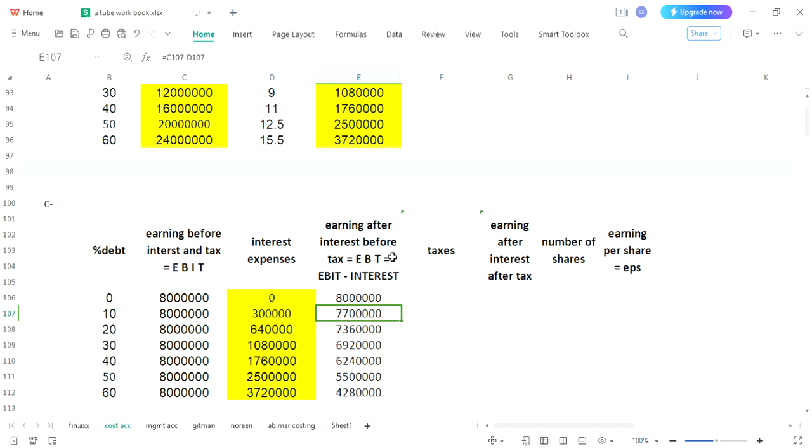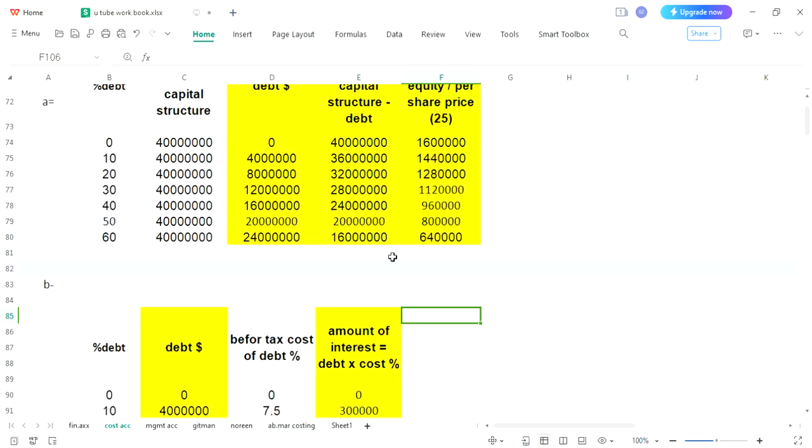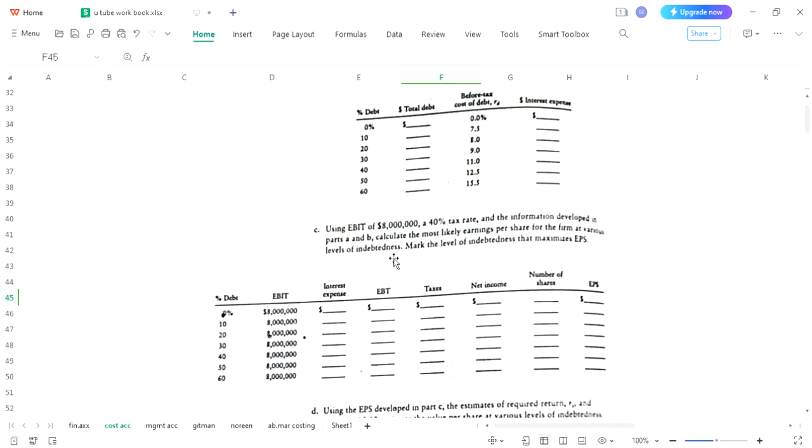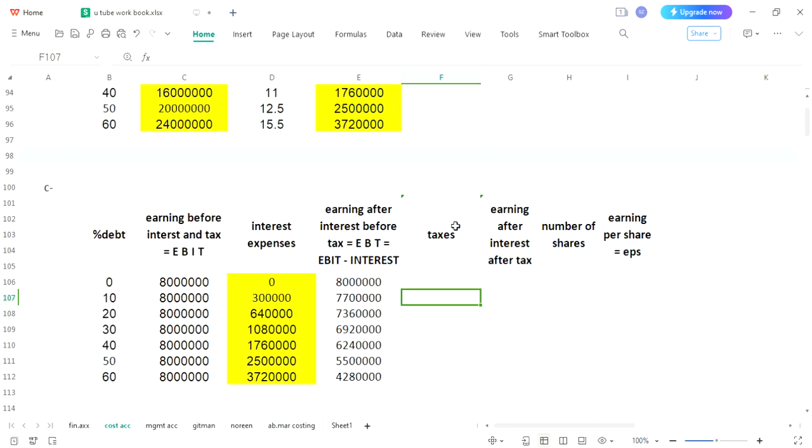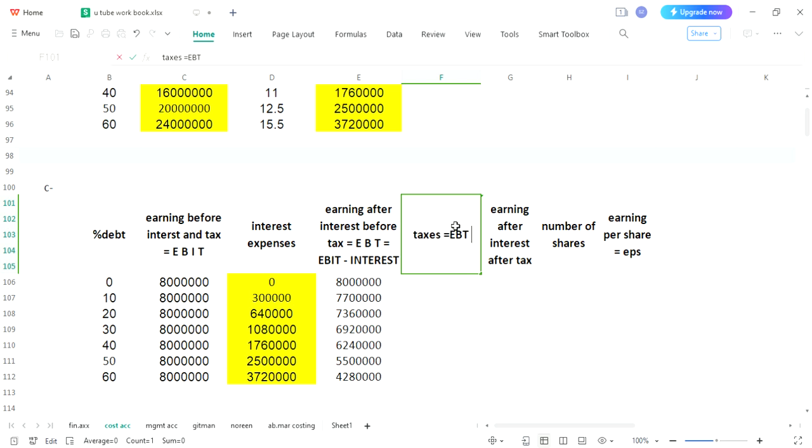Now this amount will be used to calculate our tax, and usually the rate of tax is 40%, and it is mentioned over here as a 40% tax rate. So here you will calculate tax by taking EBT and multiplying it by 40%.